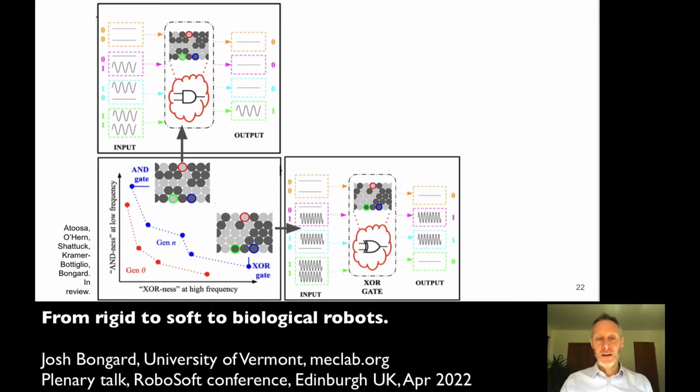What ends up happening, as you see in the bottom left panel, is you get this moving Pareto front of solutions represented by the blue dots that are increasingly good as acting like AND and OR gates. I showed you the AND gate at the top left part of this Pareto front. Here's a different material from the same population with a different configuration of stiff and soft particles that acts like an exclusive OR gate at high frequency.